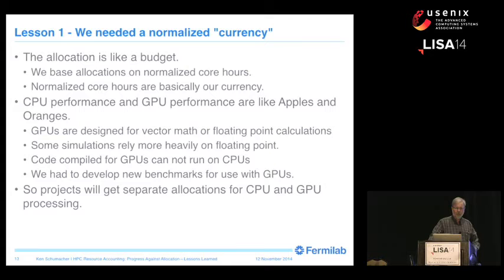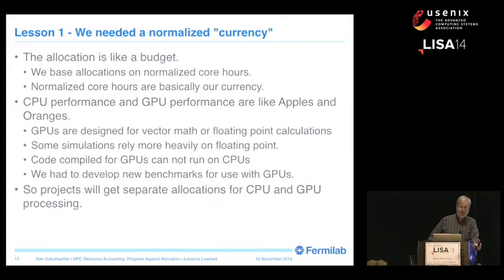Code that you write for a GPU is written usually with a different algorithm in mind because of the different kind of math that it can do. So we really can't compare the work that you get done on GPUs to the work you get done on CPUs in a normalizing factor. So we normalize CPUs against JSI, we normalize GPUs against the DS cluster.